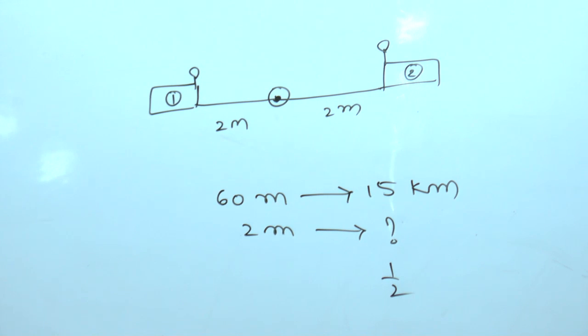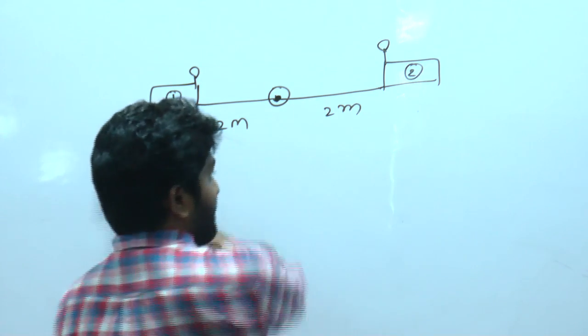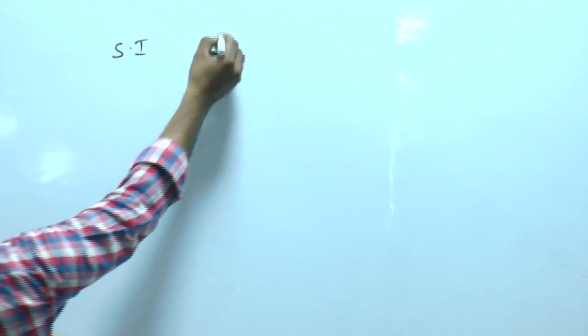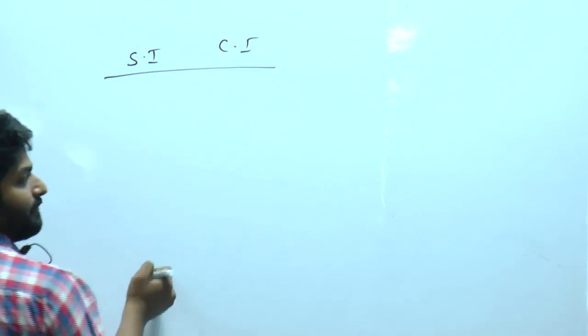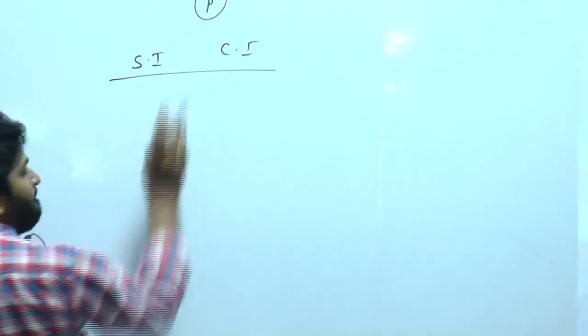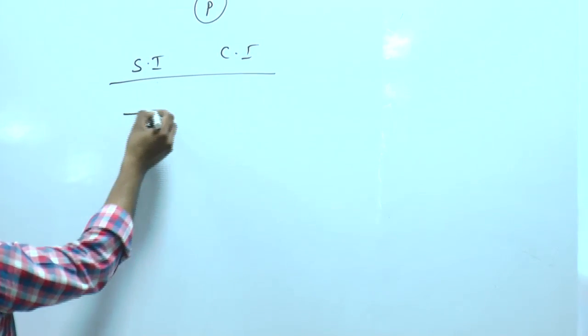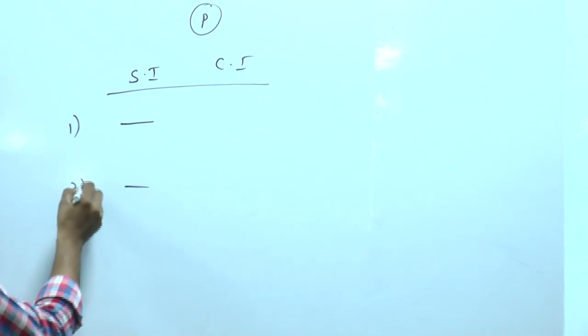So, a similar question which we have discussed last week. The difference between simple interest and compound interest for 2 years is 4,500 and the same for 3 years is 14,175. Find the sum. Simple interest, compound interest. We have principal here. On principal, let's say you are getting X rupees simple interest.